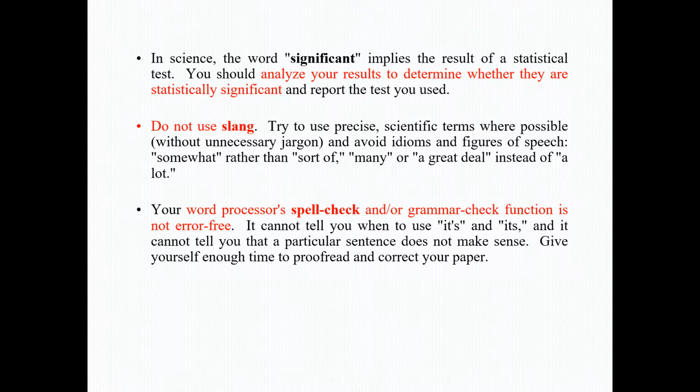Your word processor's spell check and grammar check functions are not error free. If you believe it will do all the correction for you, you are wrong, because it cannot tell you when to use its and it's, and it cannot tell you that a particular sentence does not make sense. So give yourself enough time to proofread and correct your paper.